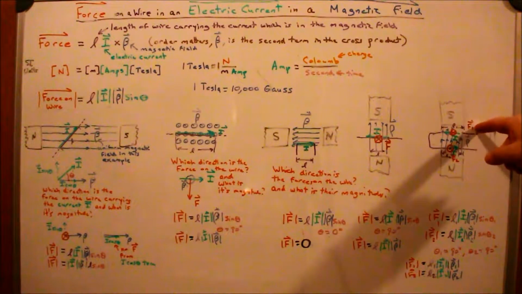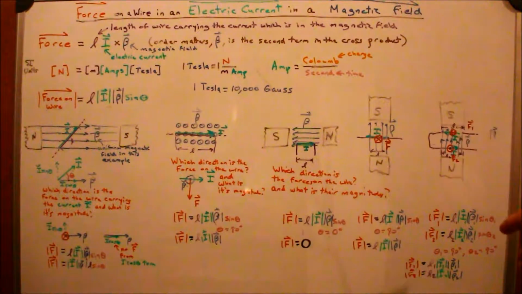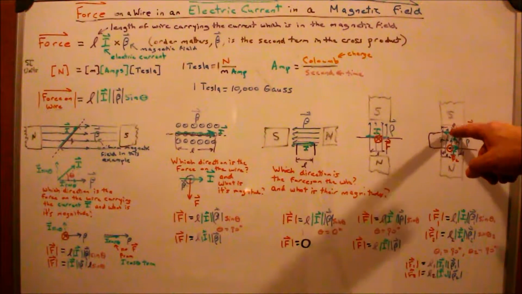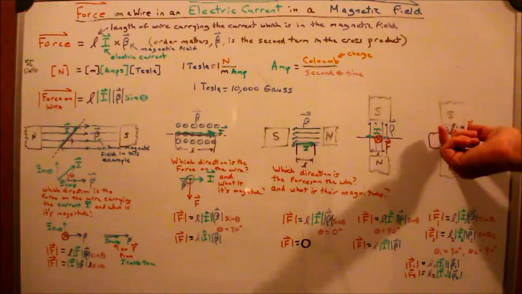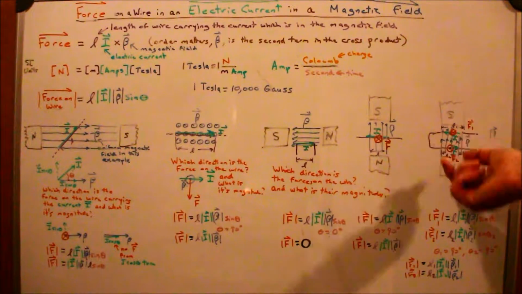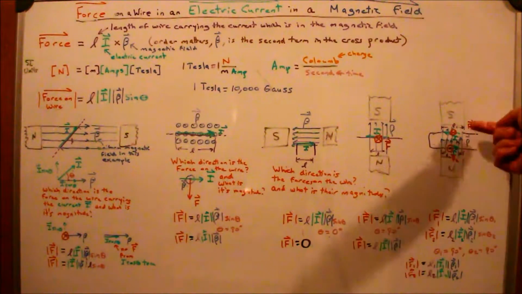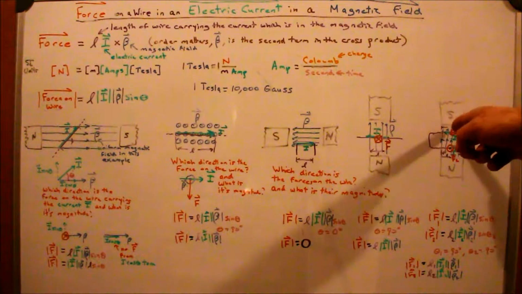So the force F1 is into the board, with the sine of theta being 90 degrees, so magnitude 1. So this first force is the length of that wire in the magnetic field times the current in that first loop times that magnetic field, into the board.